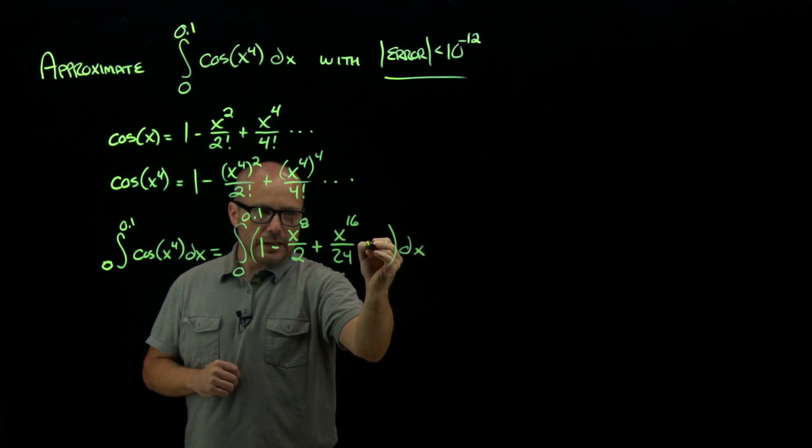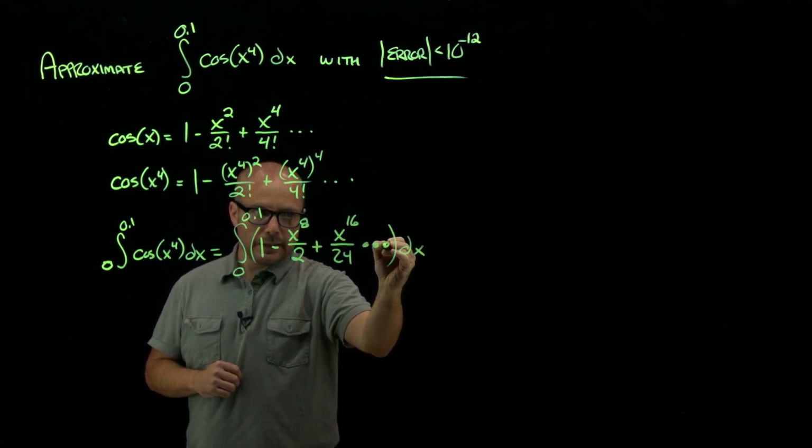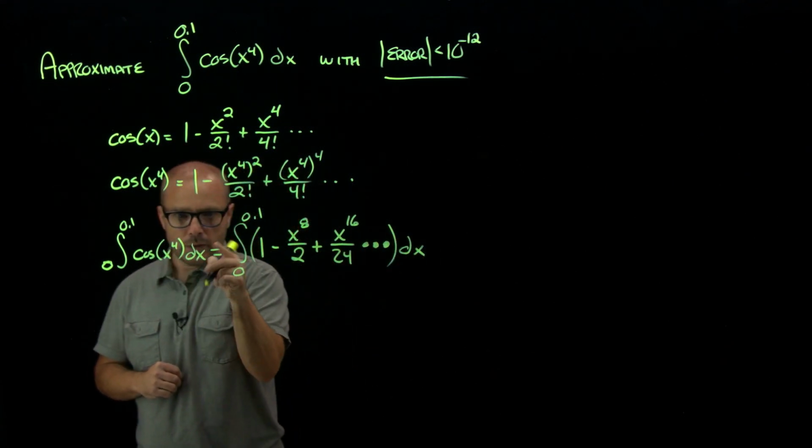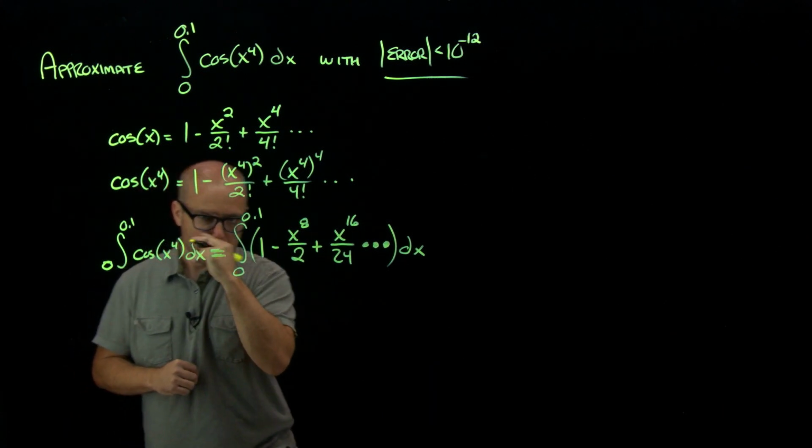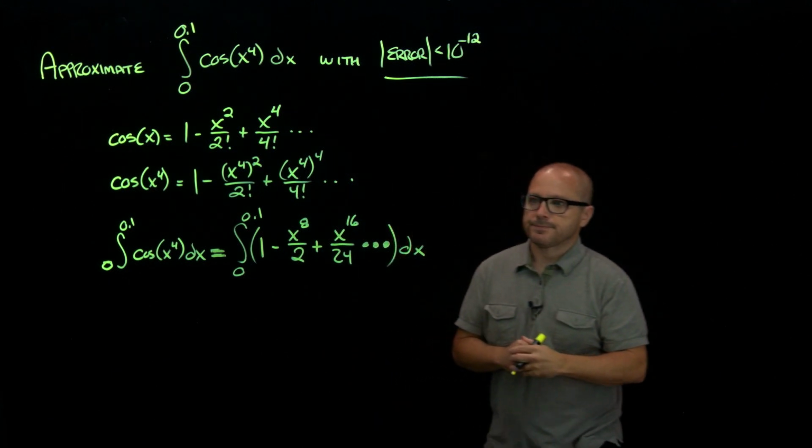Now, because I've got the dot, dot, dot, that's implying that that's the entire series, right? So there's no approximation yet. That's an equal sign there. Those two things are identically equal.